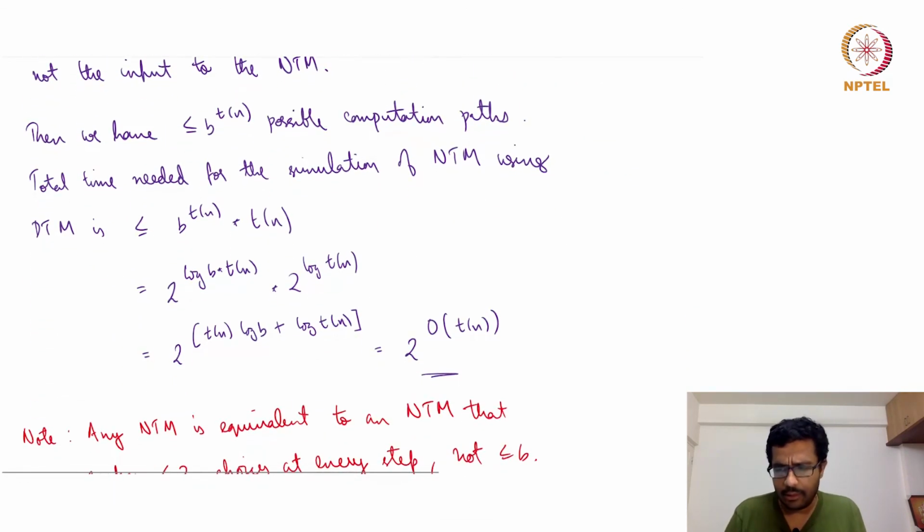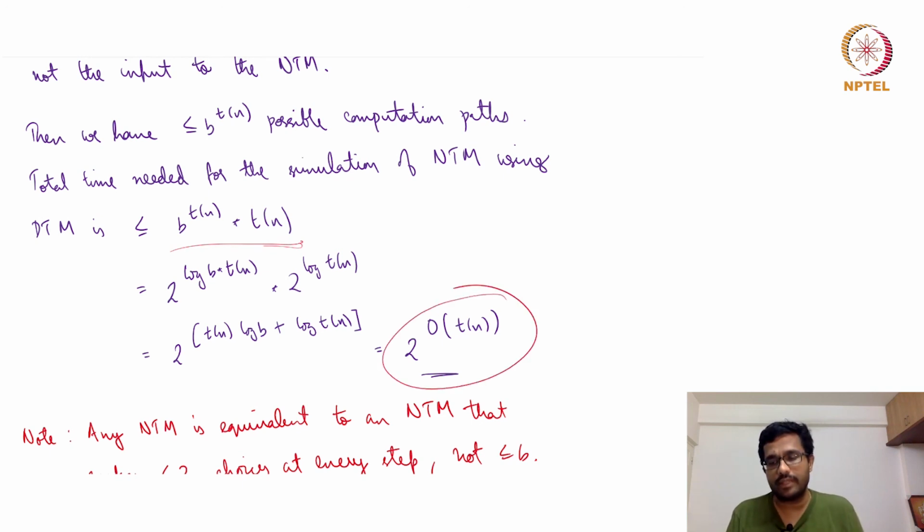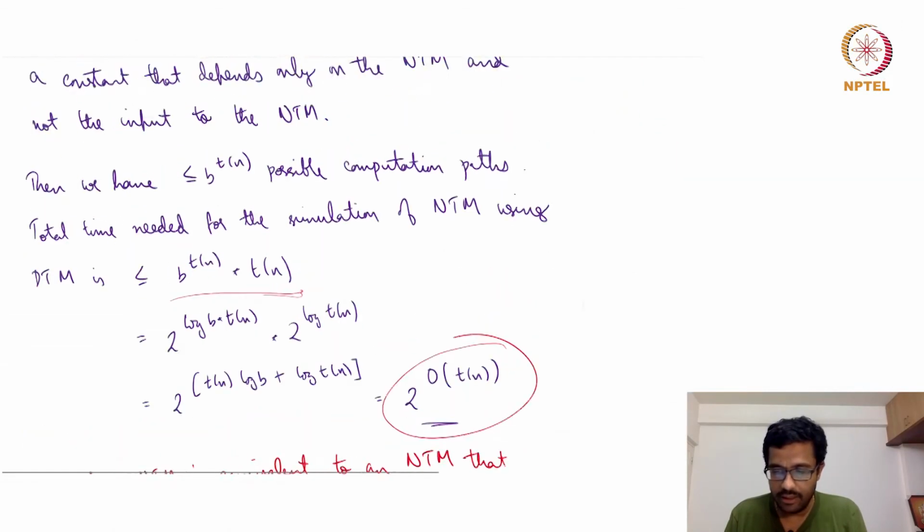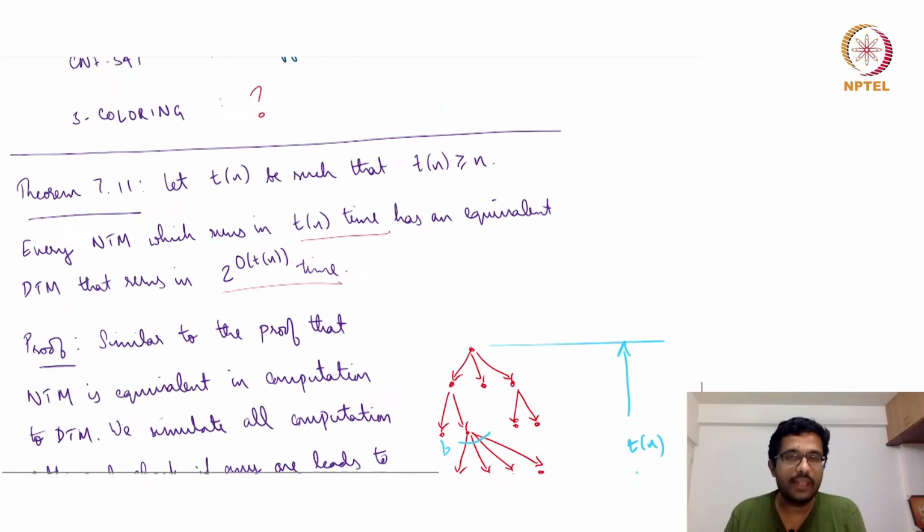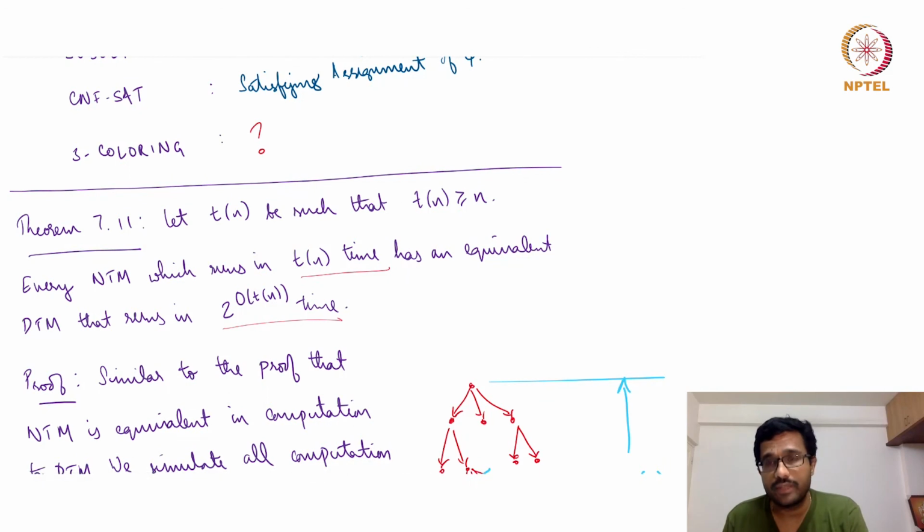Using a simple calculation we can see that the number of states in this graph is b power T(n) multiplied by T(n), and we can see that this is upper bounded by 2 power O(T(n)), which is the claim. So any non-deterministic Turing machine has an equivalent deterministic Turing machine with an exponential blow up in time.